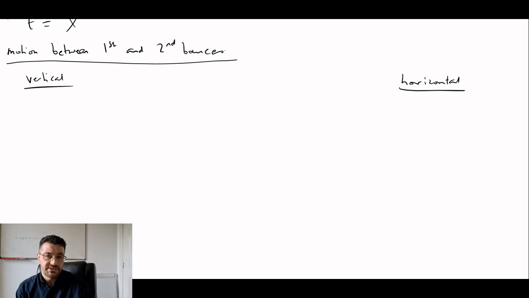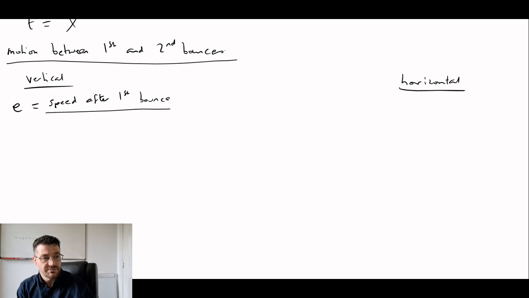Well, we've got this coefficient of restitution, which is e, and the coefficient of restitution is speed of separation over speed of approach. In this context, though, it's going to be the speed after the first bounce divided by the speed before the first bounce.